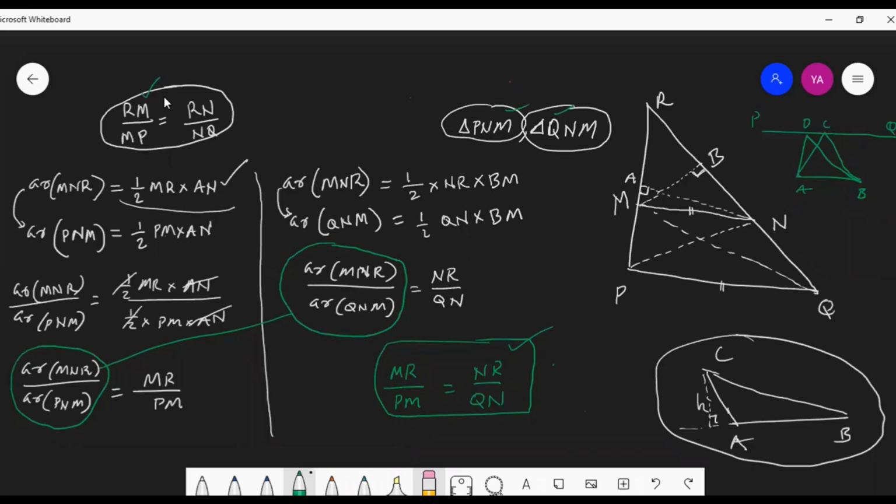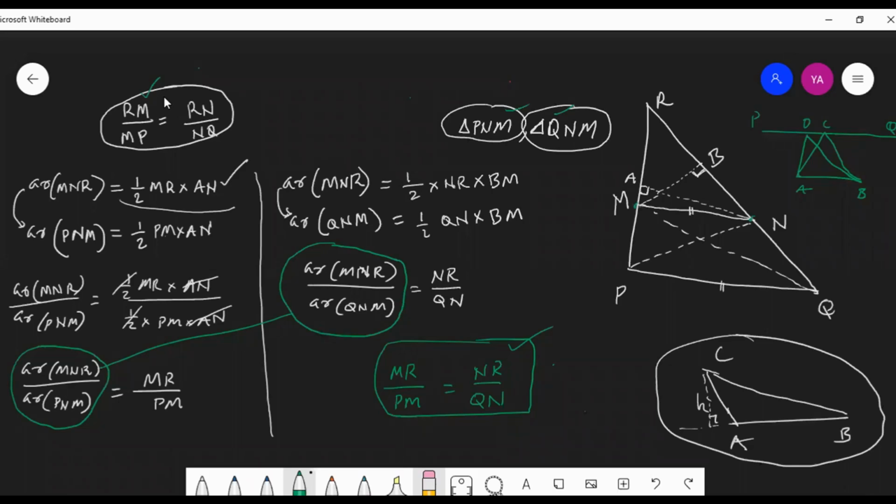Okay, so I shall repeat this. Our theorem says that in a triangle, if one line is drawn parallel to one side of the triangle, then the endpoints of that line segment will divide the other two sides of the triangle in the same ratio.